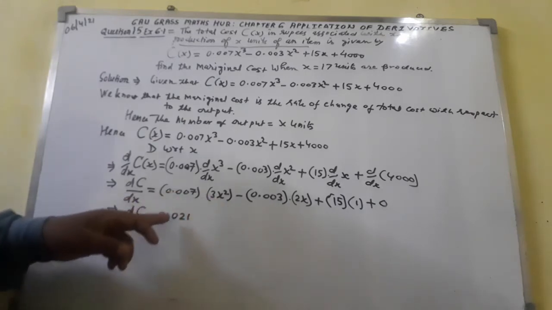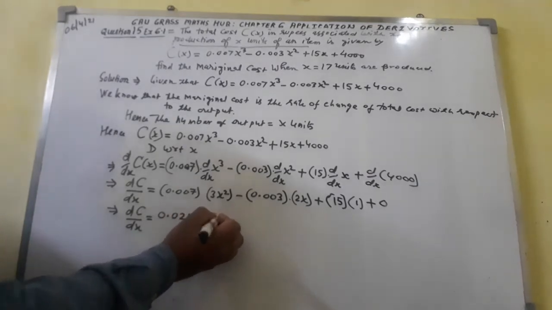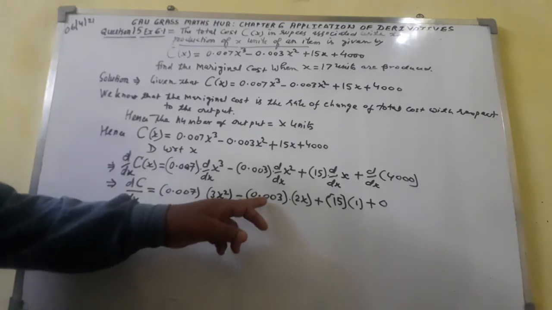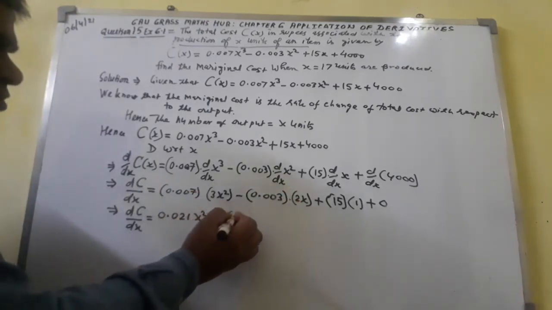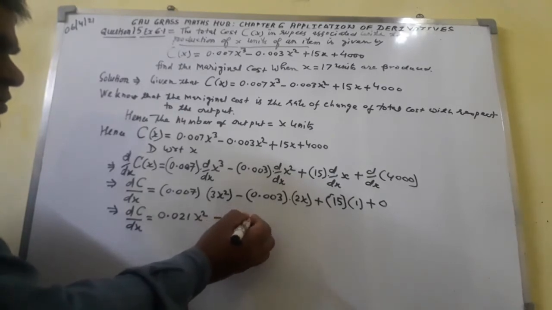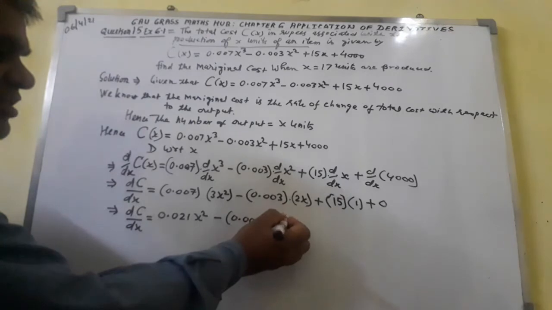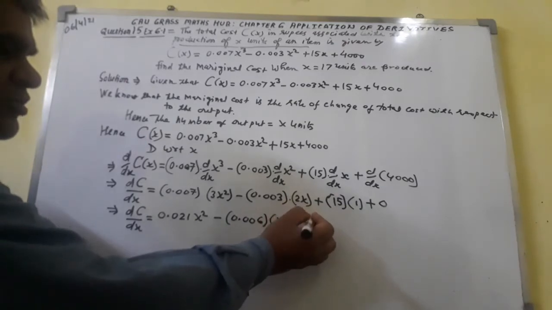I shall write this one, x square, minus 0.003 multiplied by 2 comes out to be 0.006x, plus 15.